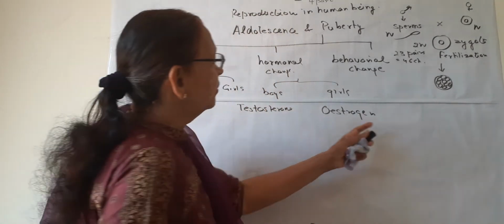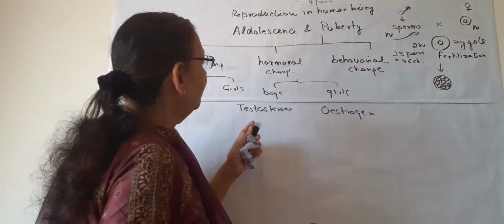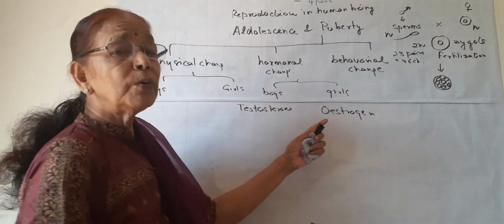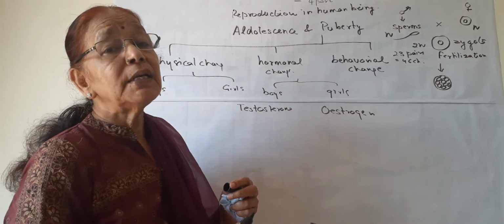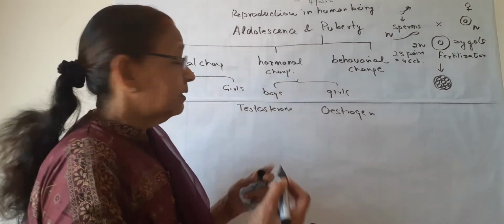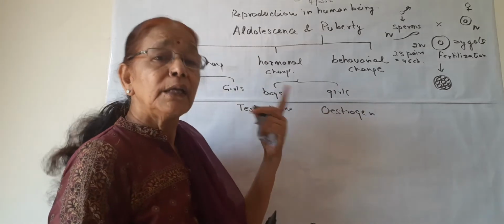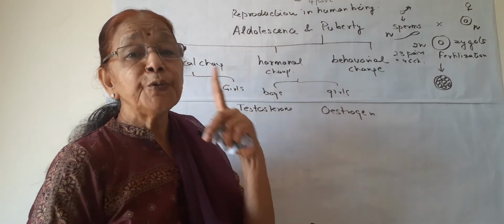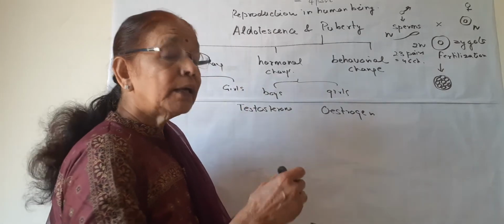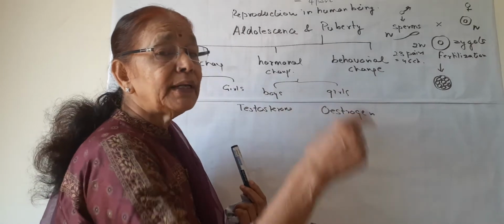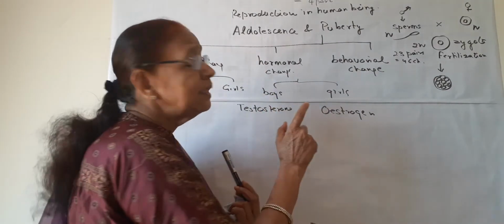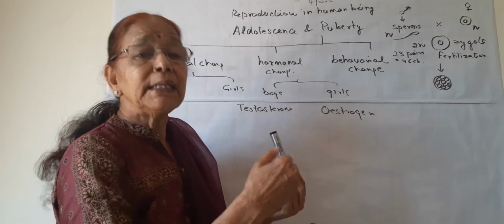So the secretion of these hormones is increased. They are secreted under the influence of a gland in the brain known as the pituitary gland.